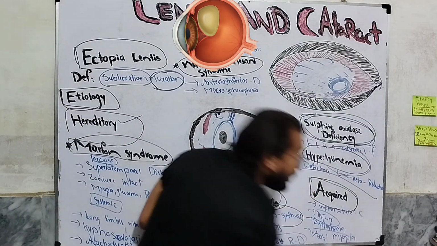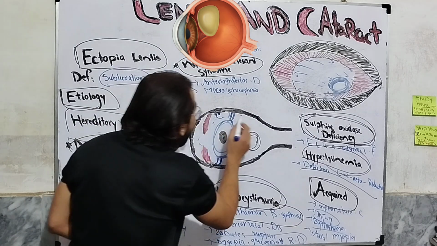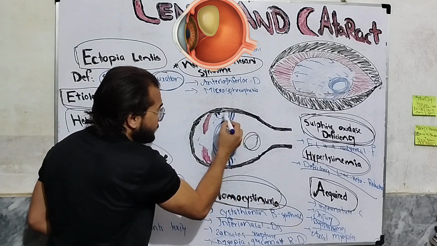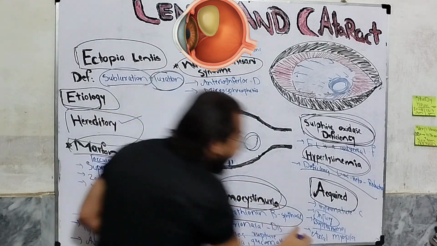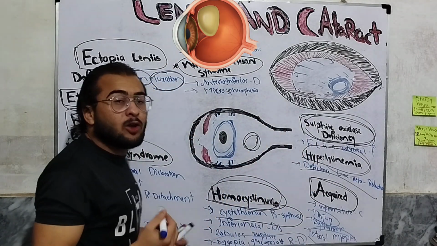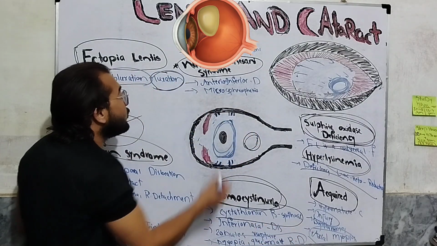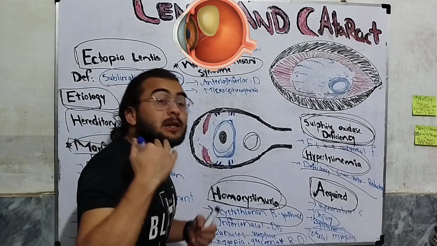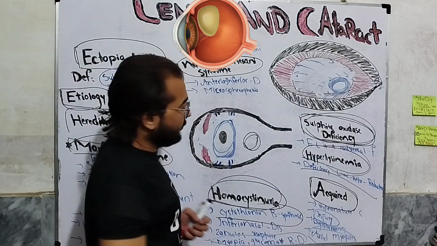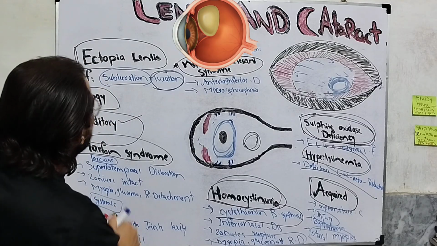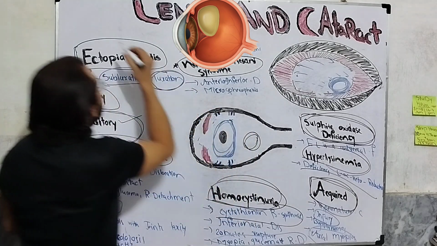And we have buphthalmos, in which we have a congenitally enlarged eye. In an enlarged eye, there is the risk of zonular rupture and dislocation of the lens. And we can have axial myopia, in which we also have an enlarged eye. So in axial myopia and buphthalmos, due to the enlarged eye, zonular ruptures can occur, and it will lead to ectopia lentis. So these are some of the hereditary and acquired causes of dislocation of the lens.